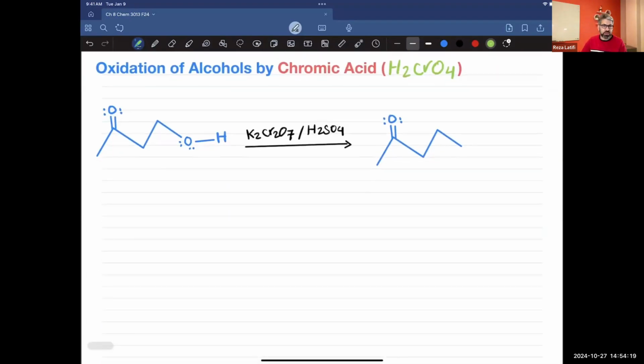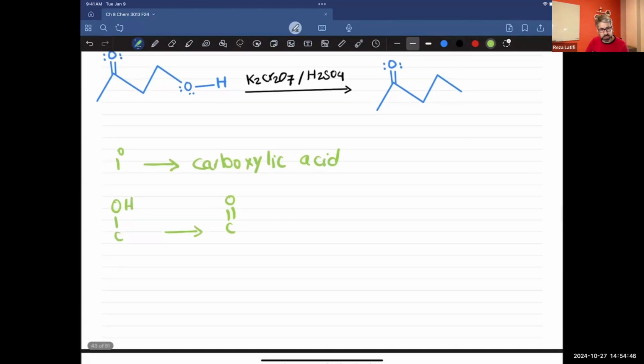As a chemist, honestly, we don't like to use this reagent a lot. Now, the Jones reagent, or chromic acid, will take a primary alcohol and turn it to carboxylic acid. It means the OH attached to a primary carbon is going to turn to a double bond between carbon and oxygen, and we also get this OH, and that's going to be the carboxylic group.